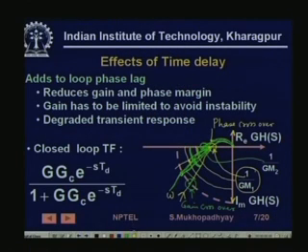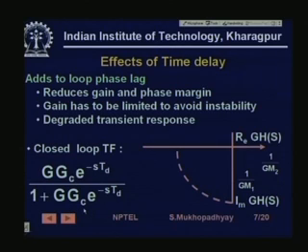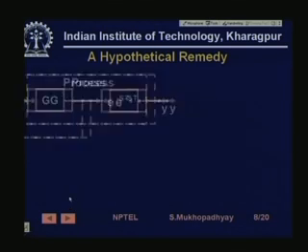So this is the point that I was trying to make. Having said that, let us go back to our discussion. So now what is it that we want? Let me present a hypothetical remedy.